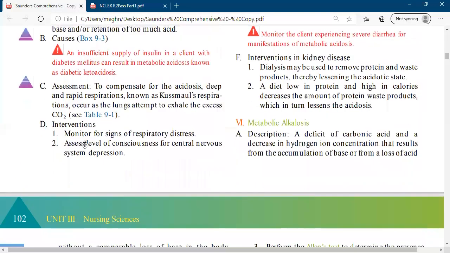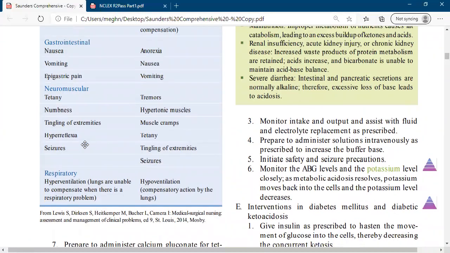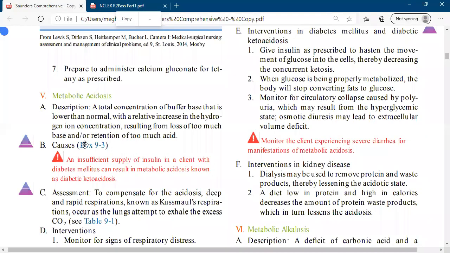And next here, the red note says we have to monitor the client experiencing severe diarrhea for manifestations of metabolic acidosis.